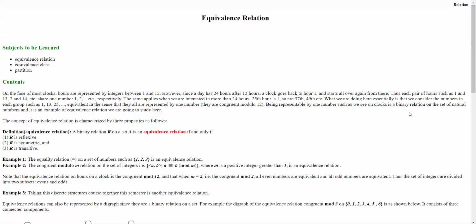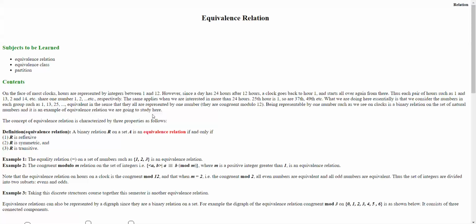What we are doing here is considering the numbers in each group equivalent, meaning they represent one number in our congruent model of 12. Being representable by one number, as we see on clocks, is a binary relation on the set of natural numbers, and it is an example of a relation.